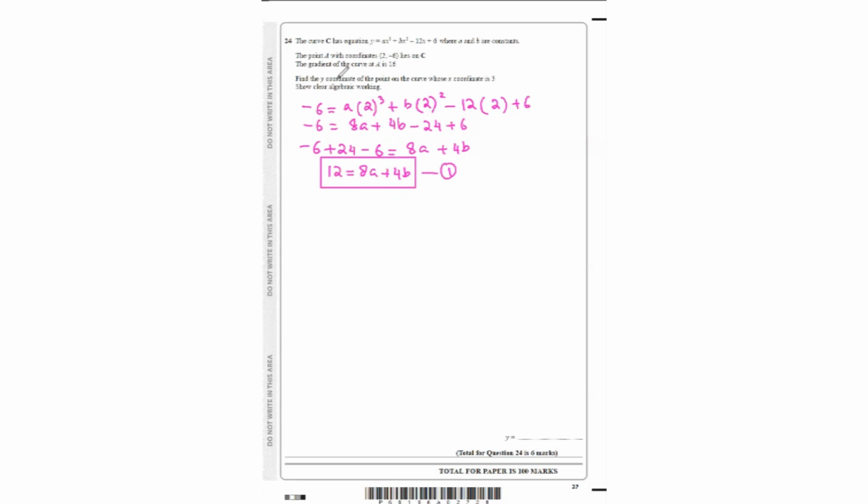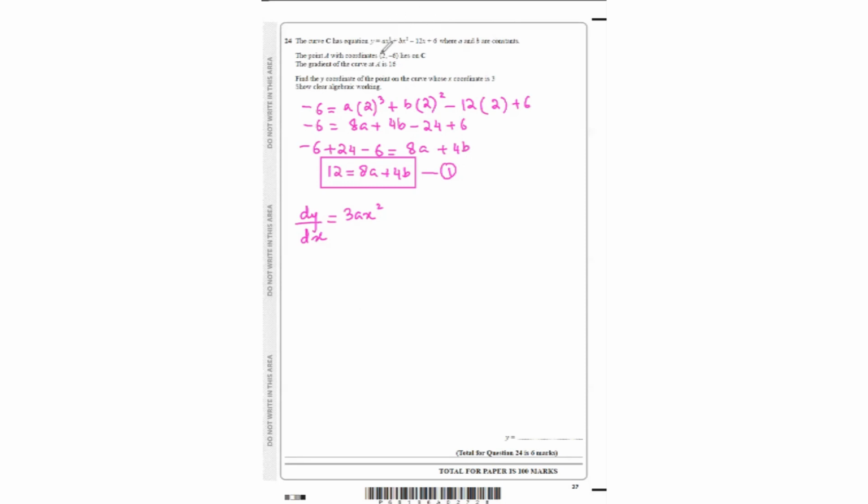Then next it said that the gradient of the curve at A is 16. So for the gradient, we differentiate, we find dy by dx. So that's going to be 3ax squared. In differentiation, remember, you bring the power down, multiply that with the coefficient, and then subtract 1 from the original power.